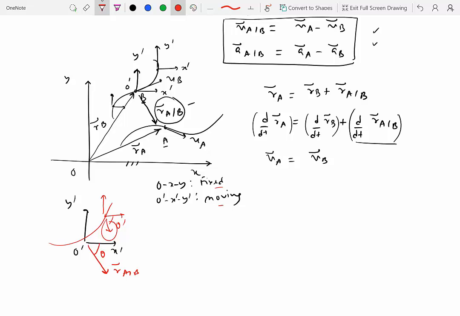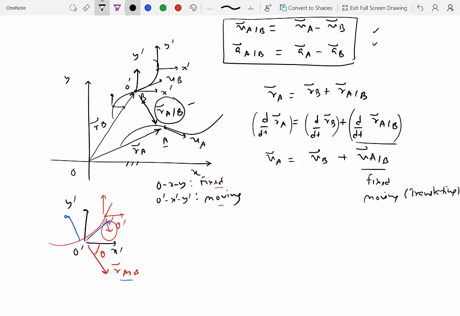If you allow this frame to rotate, all bets are off because now this vector is making one angle with respect to the fixed reference frame, but making another angle with respect to the rotating reference frame. So we can write this as velocity of A with respect to B, with the understanding that this could be measured either in the fixed reference frame or the moving reference frame as long as this is a translating frame.